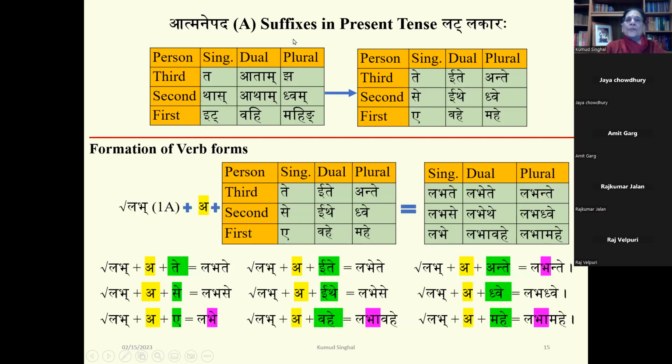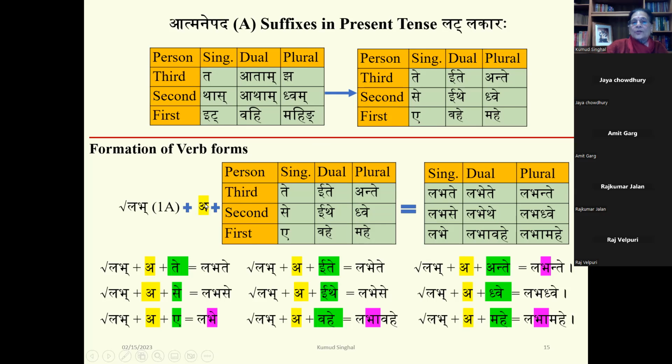Now the atmanepada suffixes in the present tense, we have done this also. They were ta, atam, jha, and so on, and they simplify to te, ite, ante, se, ithe, dhve, e, vahe, mahe. And you do exactly what you did with the parasmai suffixes. So labh, which means to obtain, is an atmanepadi dhatu, and it also belongs to group 1.